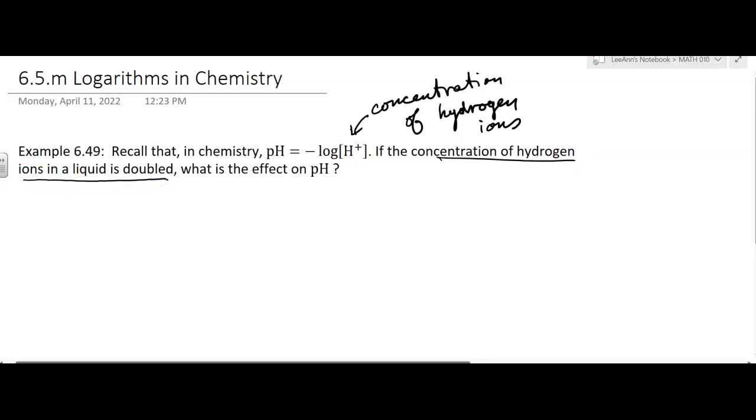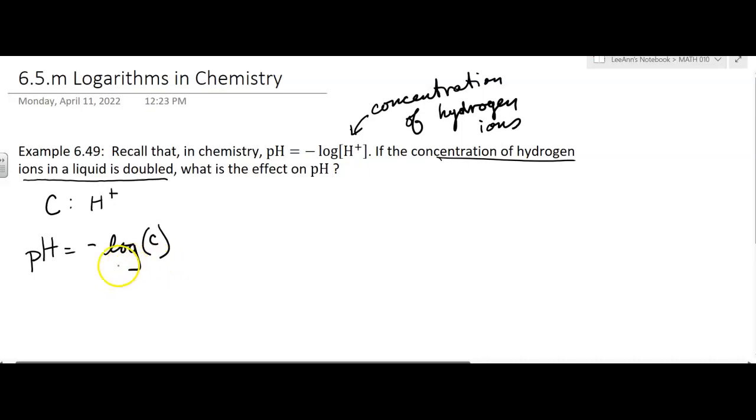the pH? Well, first consider, let's just say you have a concentration of C, that's your H plus. And then we'll double it. Okay, so the pH of just C is going to be equal to the opposite of the log of C. Okay, so that's like originally.